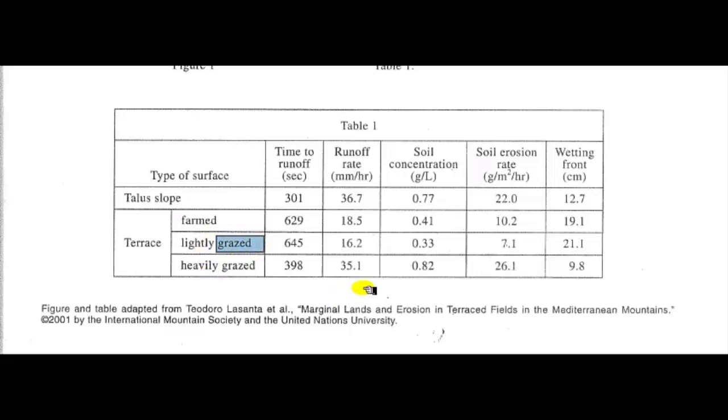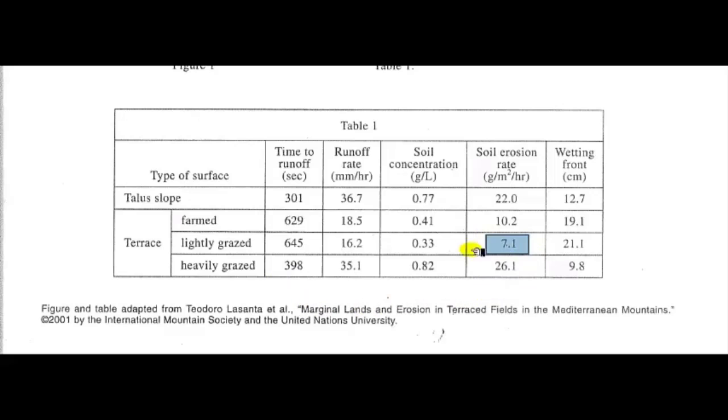They send cattle to eat the plants on the land. So when you have a lot of cattle eating the grass off the land, there will be more erosion. So that tells us that the more plants you have on the land, the less erosion.